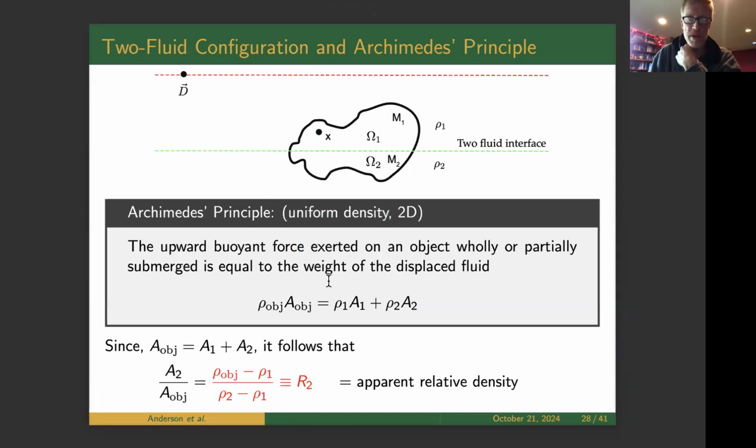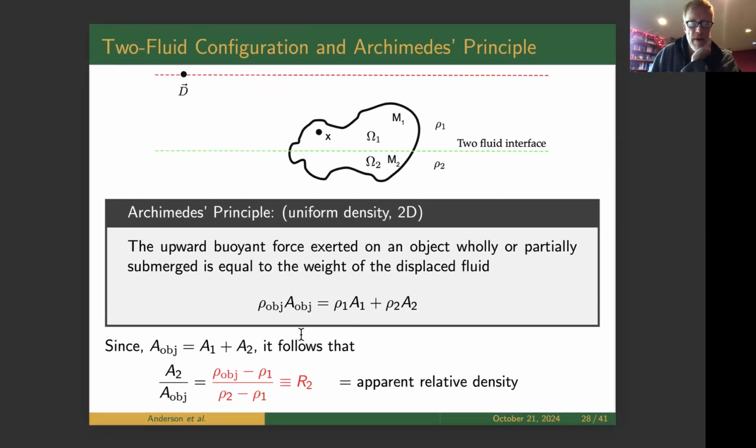We tried a few different shapes in this case. Archimedes principle works pretty much the same way; you just have to keep track of masses of the two fluid regions. So this is fluid one, density rho 1, and density rho 2, and this object is floating at an interface like that. Archimedes principle is essentially the same statement, and you just have to be careful how you write it with the weight of the object and the weight of the displaced fluid, keeping track of the two different fluid regions.